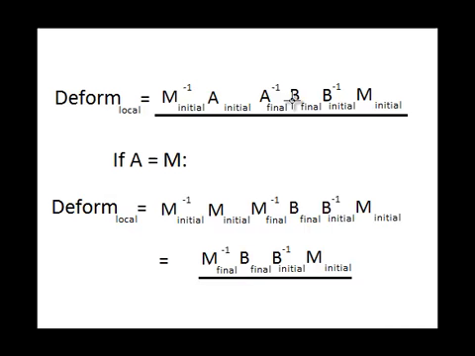But a fair question to ask is, what if no associate model is specified? That is, what if we are not told how to measure the relative motion of bones? The answer is, we assume the point of reference is the mesh node, which is to say, we assume A equals M. Observe how our deformation formula simplifies due to a cancellation on the left.